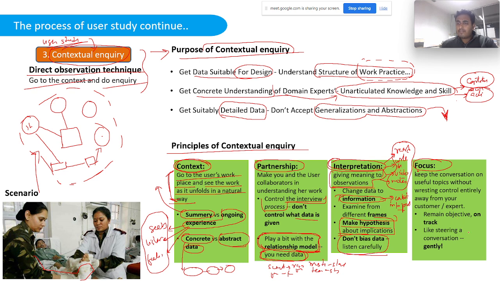Steer your conversation gently, so whenever the user moves away from the conversation, try to pivot him back to the objective you have in your mind. This needs expertise, and also experience and learning, to conduct contextual inquiry efficiently. But these are the four key principles that one needs to consider when conducting contextual inquiry. Clear?